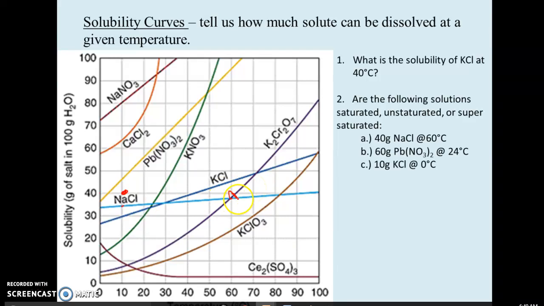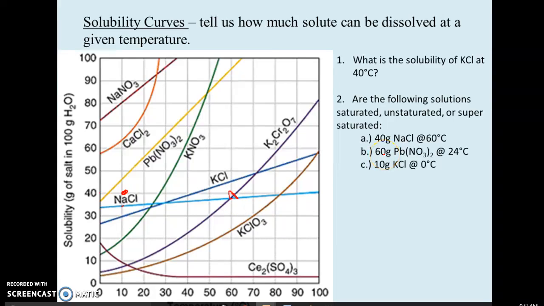And you find NaCl. If you notice, our point is above the line. So it would mean that if we have a solution of 40 grams of NaCl and 60 degrees Celsius, we have a supersaturated solution, right? Because we have more solute than it should be able to hold at that temperature.